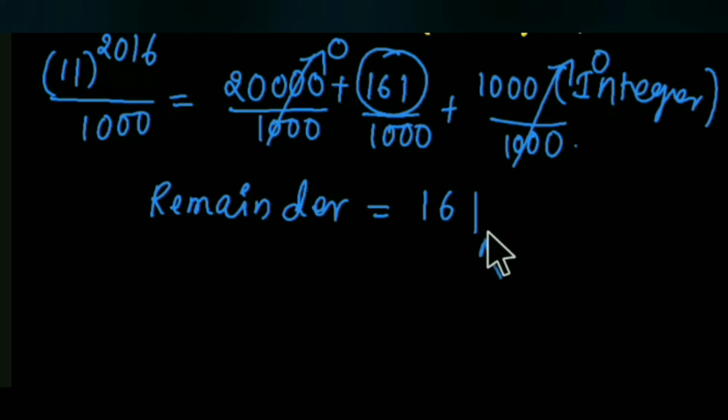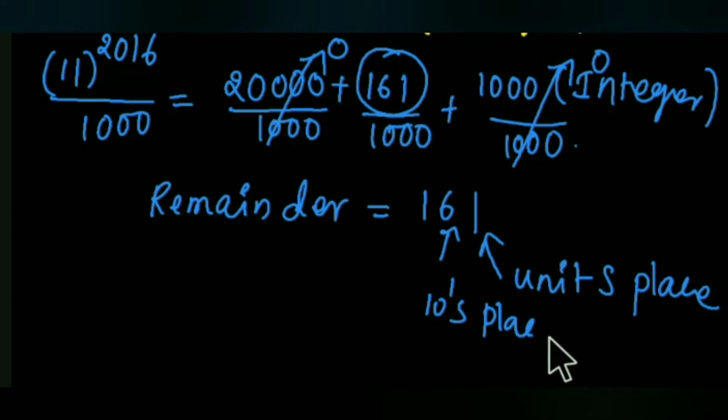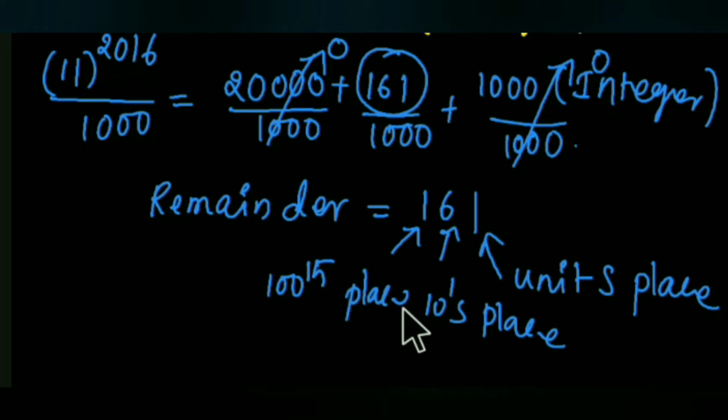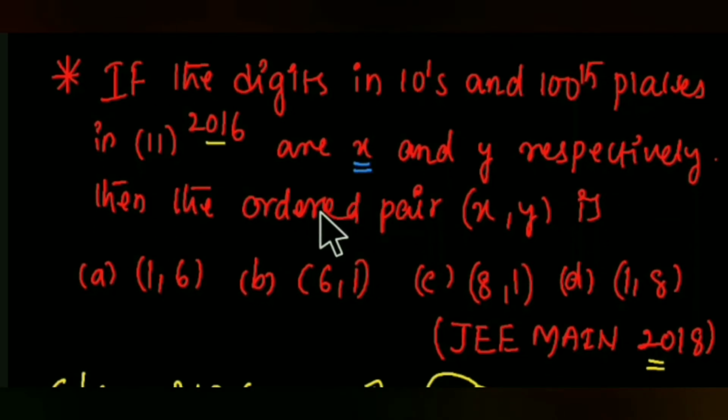In 161, the last digit is the units place digit, the middle digit is the tens place digit, and the first digit is the hundreds place digit. We know the tens place digit is given as x and the hundreds place digit is given as y.